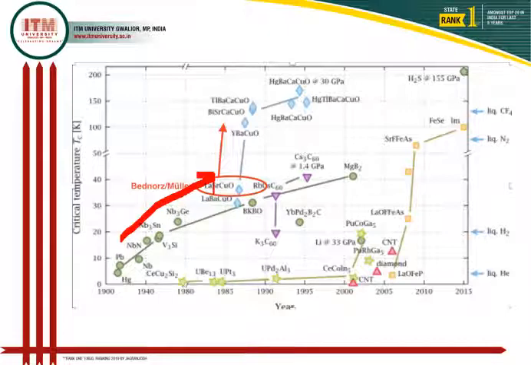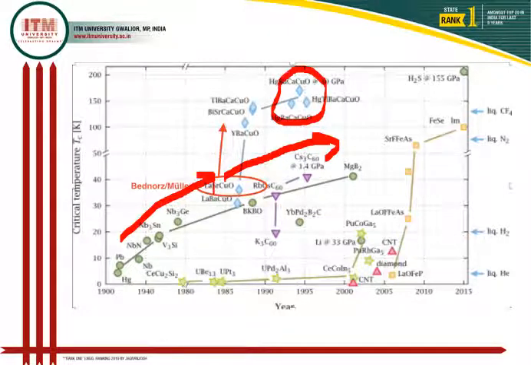From 4 K we reached 40 K in 86. Then from 1990, suddenly we moved to 50 here, and some results are also at 150, and finally up to this year we have reached roughly 200. But even so, we are below room temperature, so that is a very interesting journey.